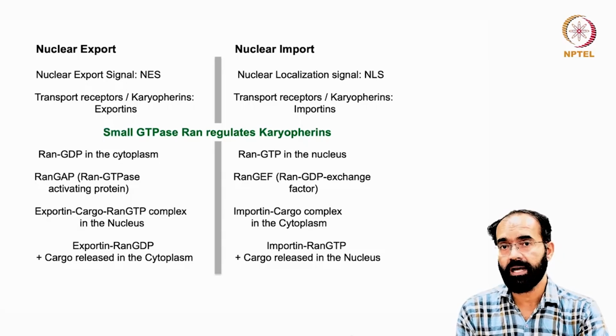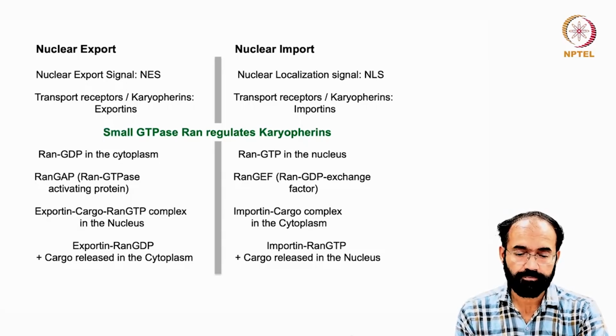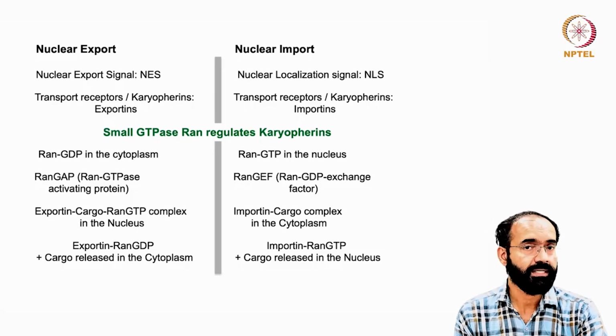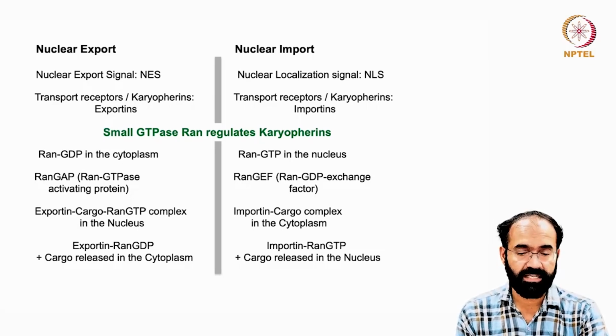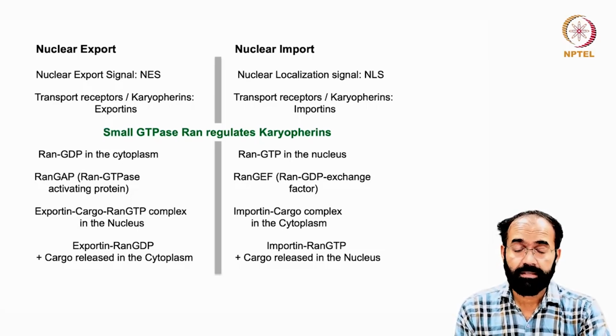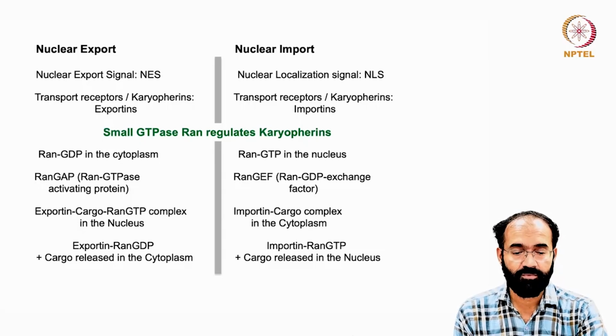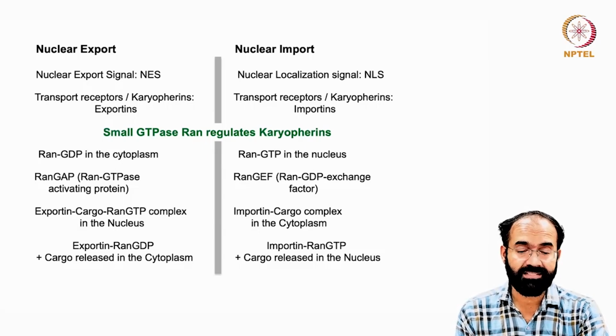So importins are a group of proteins, and the RAN GTP usually stays in the nucleus before the movement of the cargo from the nucleus to the cytoplasm. For the nuclear import, just like RAN GAP was helpful for activating the GTPase, there is another protein in the cytoplasm for nuclear import, that is RAN GEF.